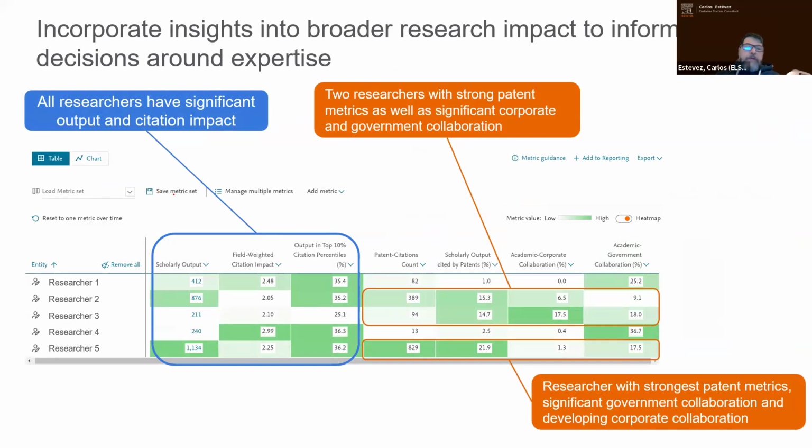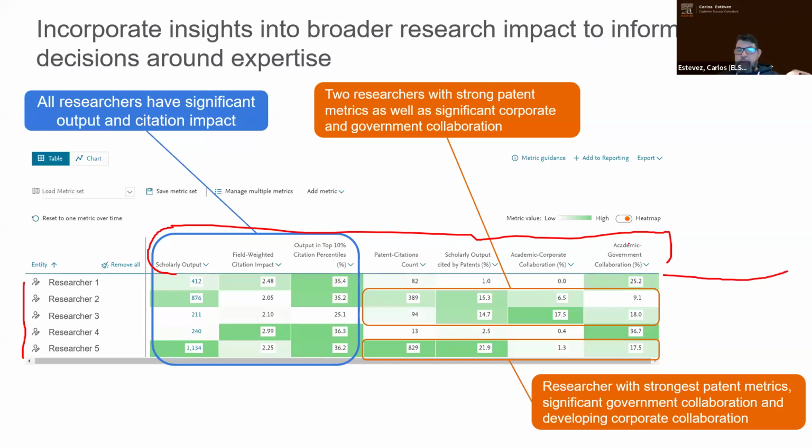Okay, as I told before, we can incorporate insights to see the impact, to make some decisions. So we can have a list of researchers and we can have a set of metrics, for example, for promotion. We can create a set of metrics, even provide more metrics to the set, and then we can compare from all these metrics to have a proper evaluation or assessment of the teams and the people.